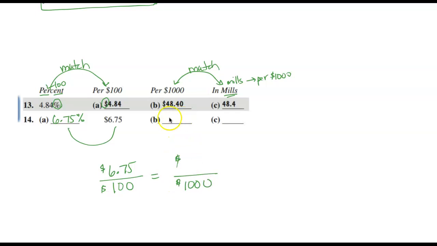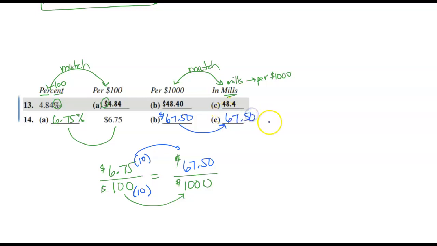So I'm looking to fill in this third blank. So to go from the left to the right, one way to do that would be to multiply by 10. And then I'll balance that in the numerator and also multiply by 10 and get $67.50. Right away, I know that that should also match with the mils, 67.5.